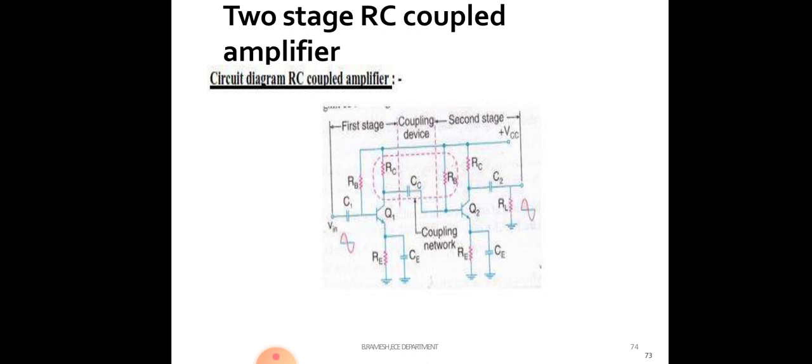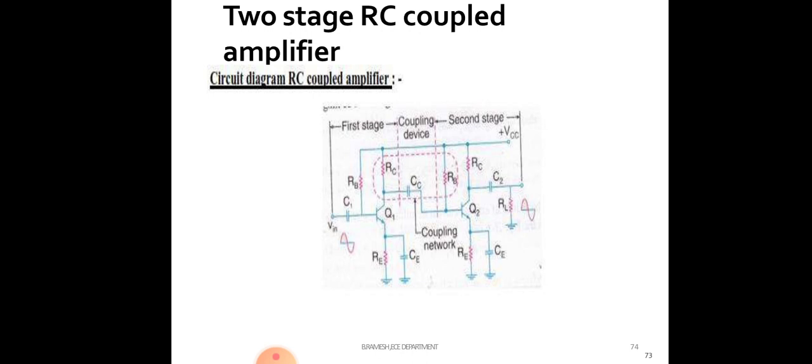For the first stage, the input signal has a phase difference of 180 degrees for a single stage, because at the output side VCE is equal to VCC minus IC into RC. So for a single stage CE amplifier, we get a 180 degrees phase shift. That 180 degrees phase shift we are giving to the Q2 transistor.